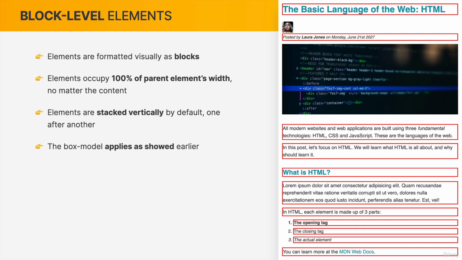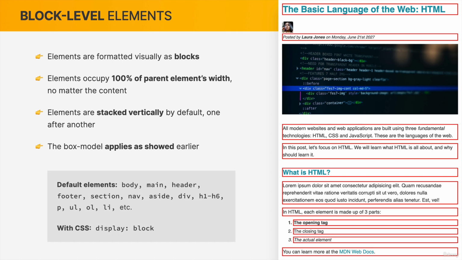Now, one thing that is very important to mention is that the box model applies exactly as I showed you before to block level elements, while the same is not true for inline elements, as we will see in a second. Okay? Now, by default, most of the HTML elements are actually block level elements. So things like the body, main, header, and so on and so forth.